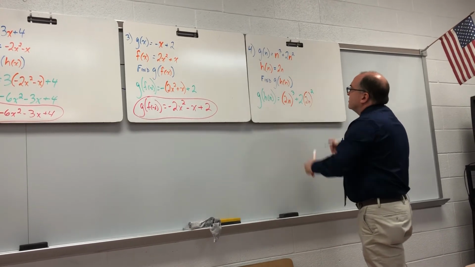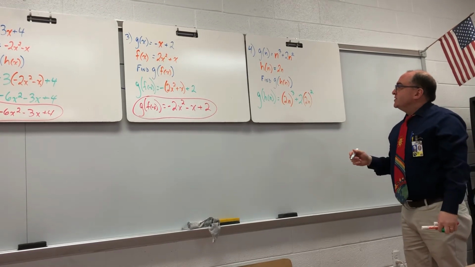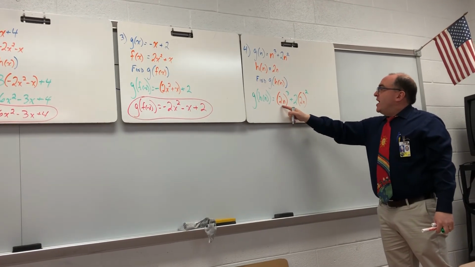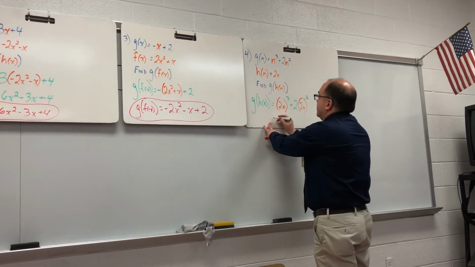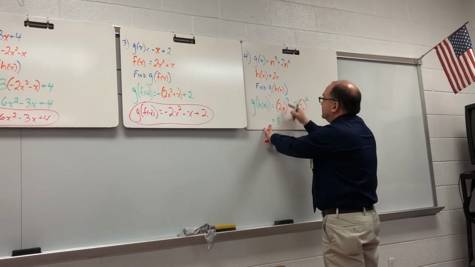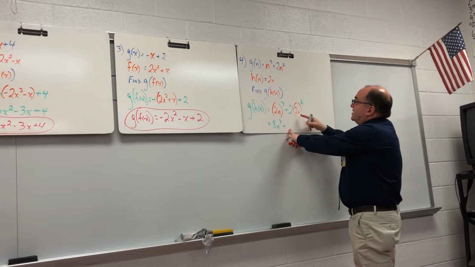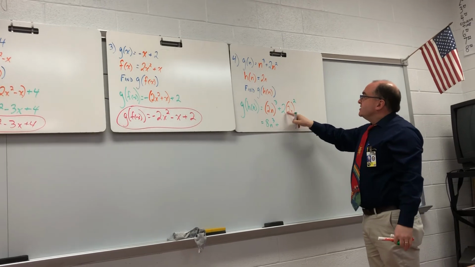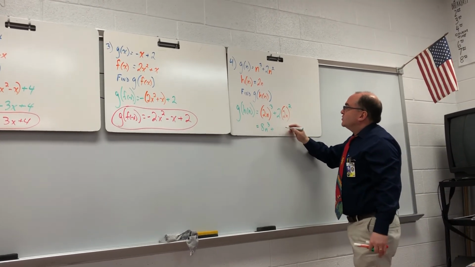squared. Okay. What's 2n to the third? Well, 2 to the third is 8. Right? N to the third is n to the third. Plus, this 2 doesn't get affected by this squared. Only what's here gets affected by the squared, okay?